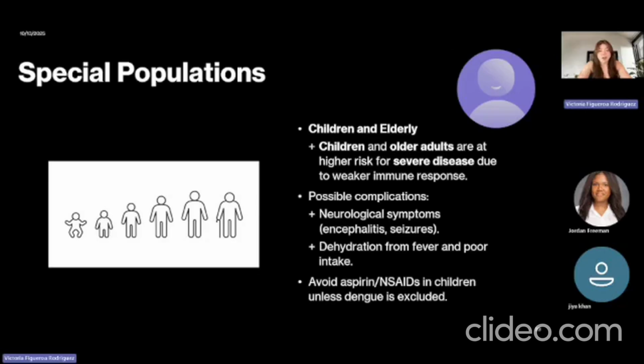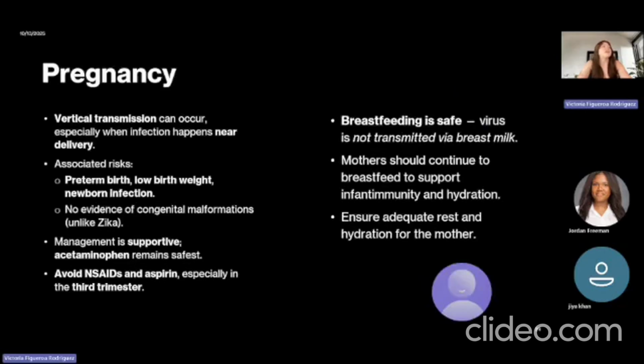Now talking about pregnancy and women that may be breastfeeding or lactating. In pregnancies, vertical transmission will occur if the woman becomes infected near the delivery. If they're in the first or second trimester, the possibility of the baby having the infection is pretty much none.